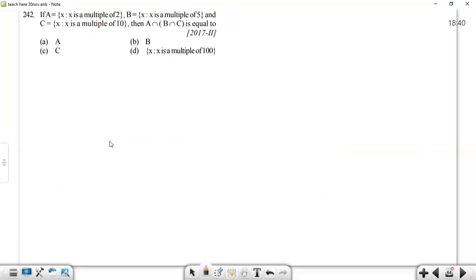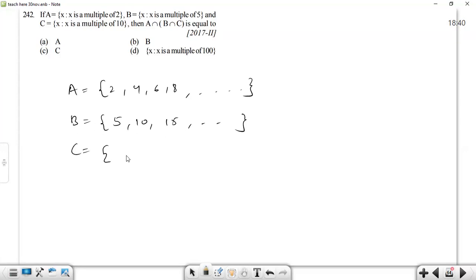A is the set of multiples of 2, so it is like 2, 4, 6, 8. B is the set of multiples of 5, and C is the set of multiples of 10. Now, do you agree that every element of C will be in B and A as well?